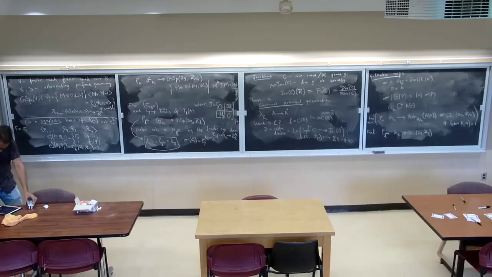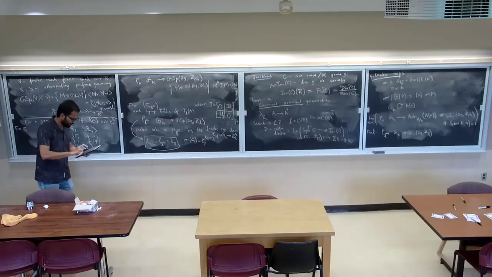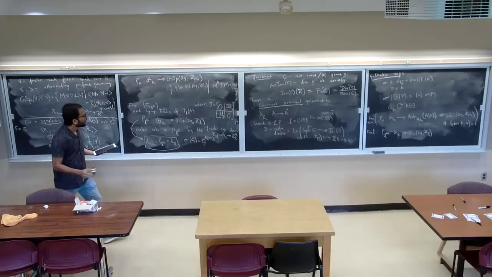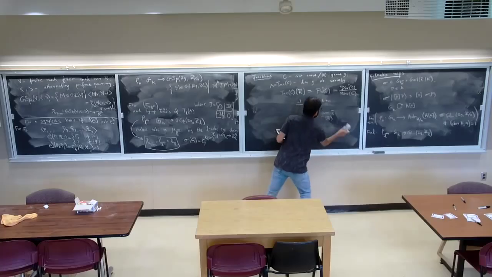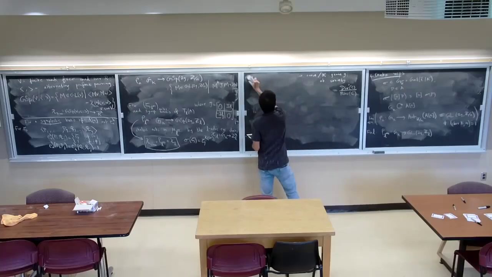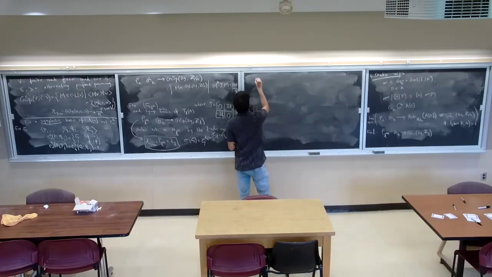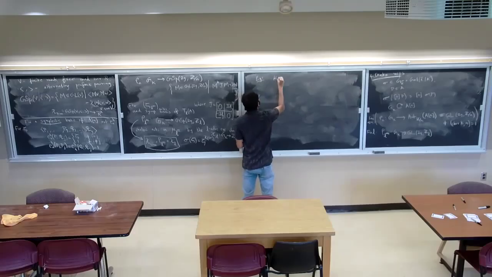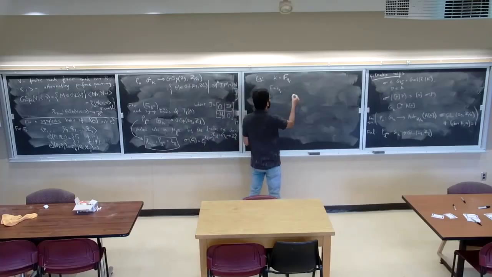I guess I'm over time, so maybe I will just say one thing and stop. For example, if K is some F_q, a finite field, you can look at Frob_q. Frob_q acts on roots of unity by raising to the power q.